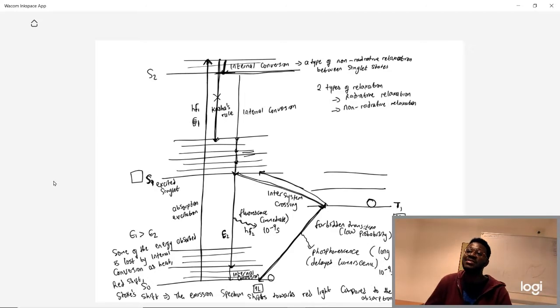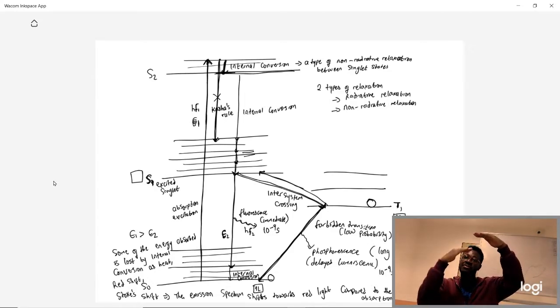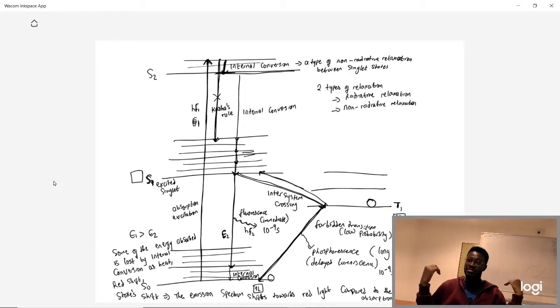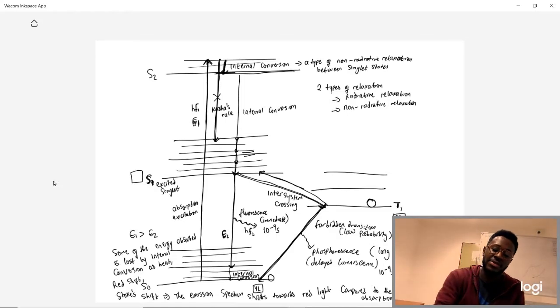Half-life is the time it takes for the number to reduce to 50%. Lifetime is the time it takes for the number to reduce by 63%, to 37%. So it has a constant. Lifetime is the time it takes for the number of excited particles to reduce by 63%.